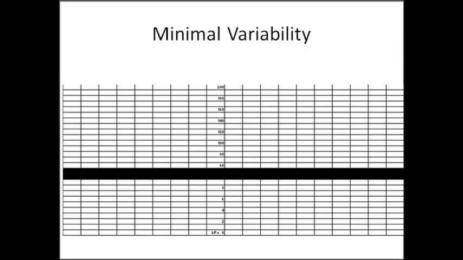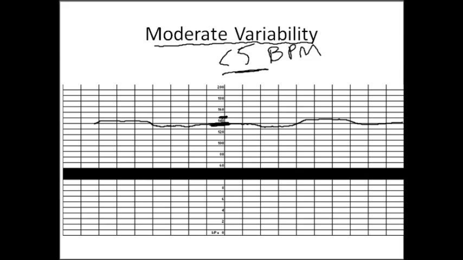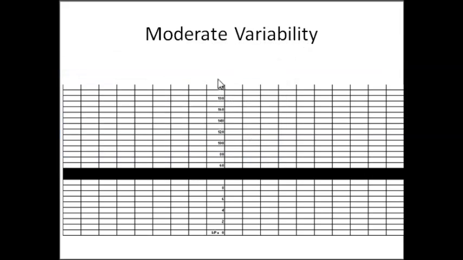Likewise, we'll move on to moderate variability. Now, moderate variability is anywhere from 6 beats per minute all the way up to 25 beats per minute. Now, moderate variability is what you'll pretty commonly see because baseline really doesn't stay the same. So again, we're going to use 140. Maybe our baseline is going to go up to 160. Maybe it'll go back down to 140.